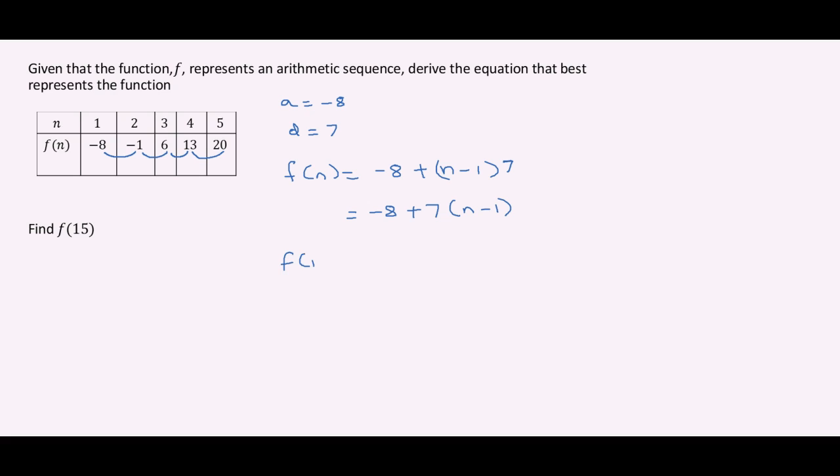Now f of 15 is going to be negative 8 plus 7 times 15 minus 1, which is negative 8 plus 7 times 14, and we have negative 8 plus 98, which is going to give us 90. So f of 15 is equal to 90.